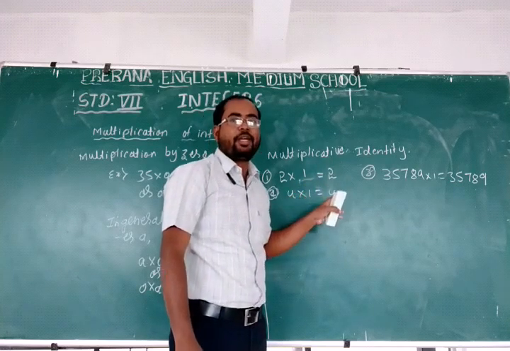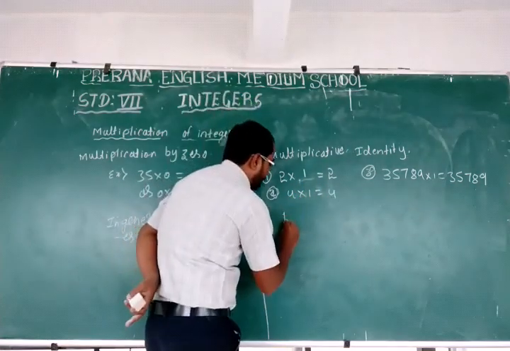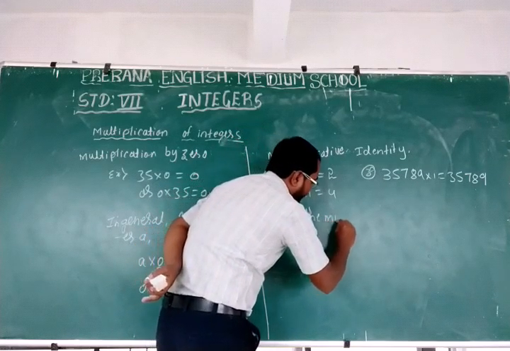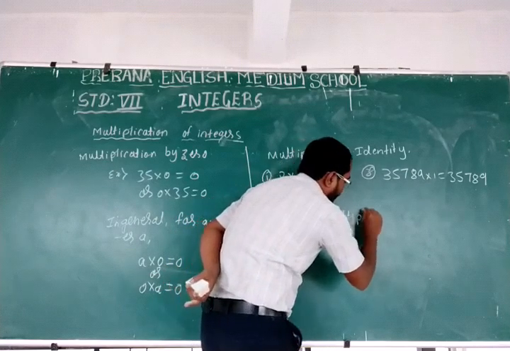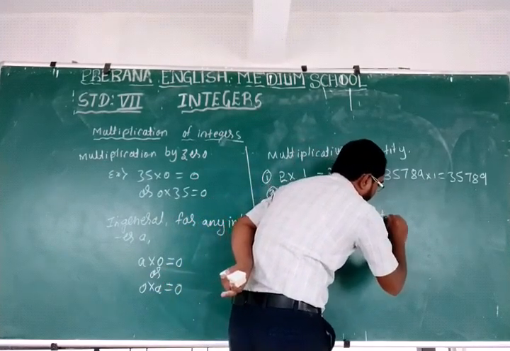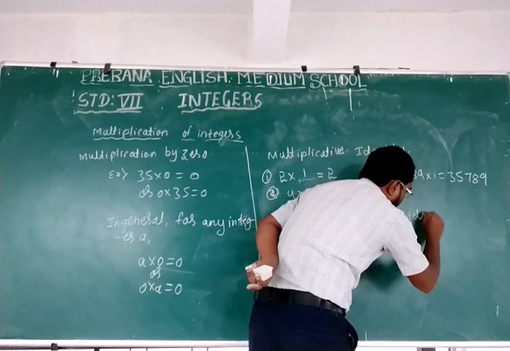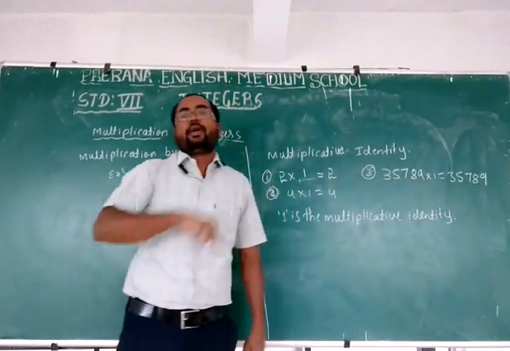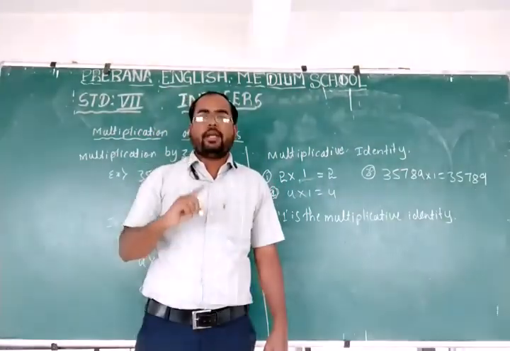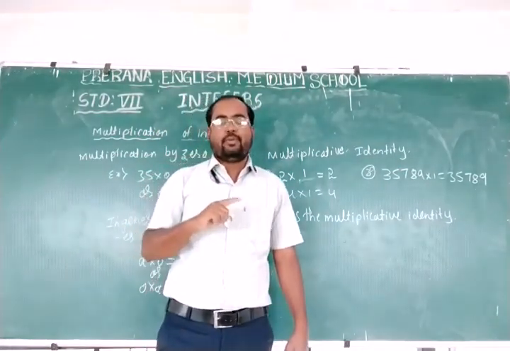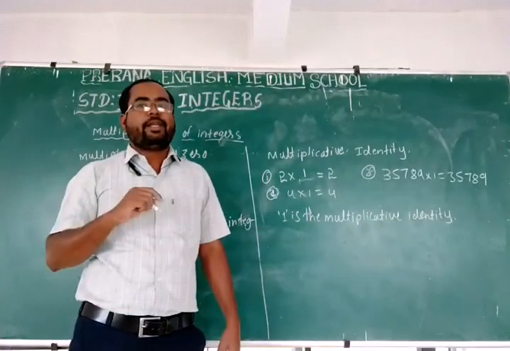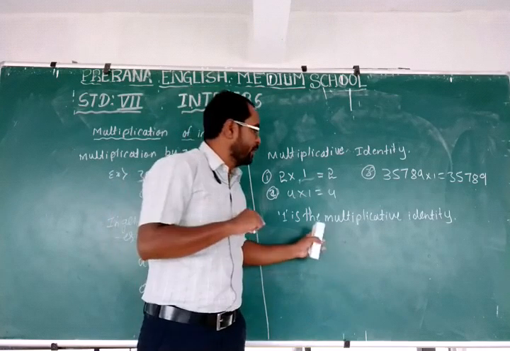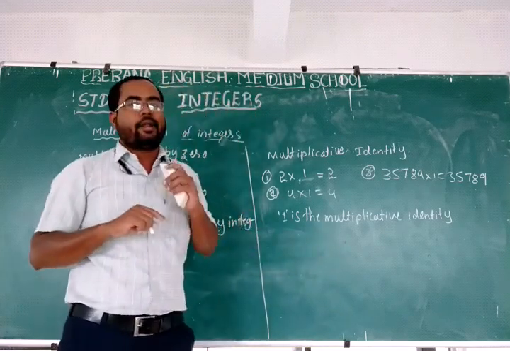Which is the multiplicative identity here? 1 is the multiplicative identity. In our previous class I told you the additive identity is 0 and the multiplicative identity is 1.